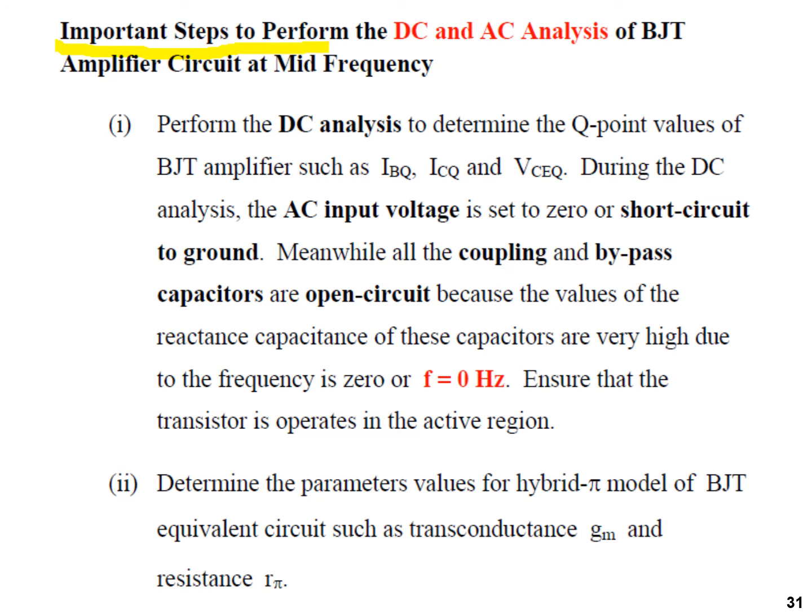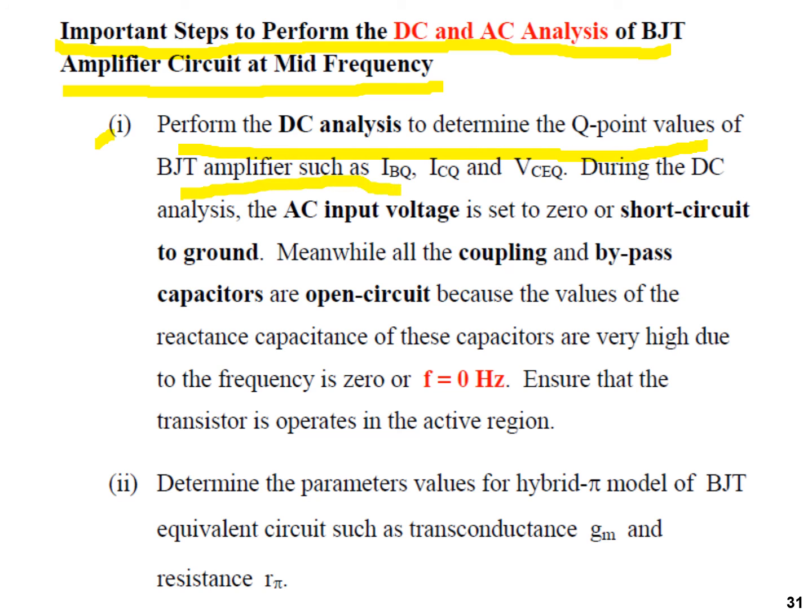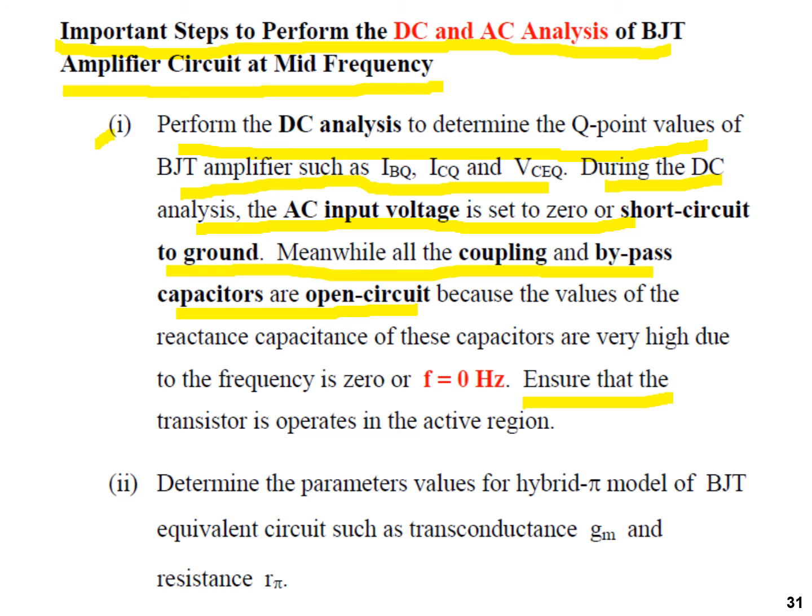Important steps to perform the DC and AC analysis of a BJT amplifier circuit at mid-frequency. First, perform the DC analysis to determine the Q point values of the BJT amplifier such as IBQ, ICQ, and VCEQ. During the DC analysis, the AC input voltage is short circuit to ground and the external coupling and bypass capacitors are open circuits. Ensure that the transistor operates in the active region.